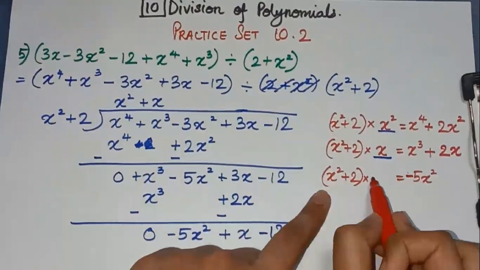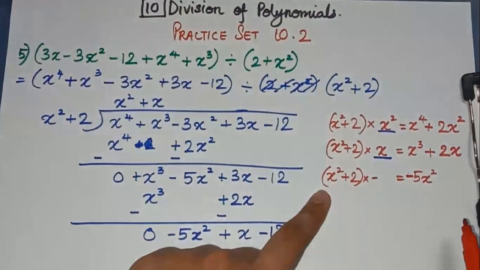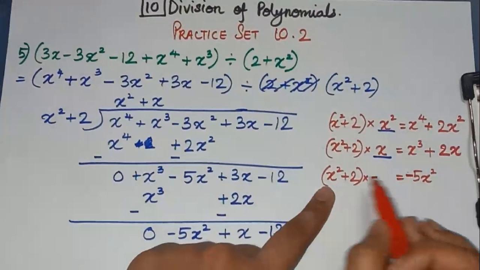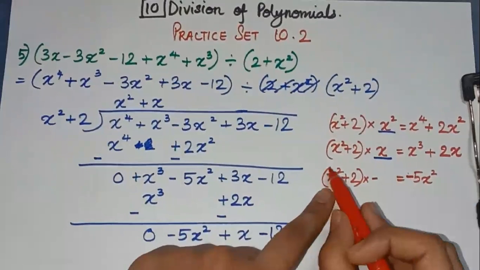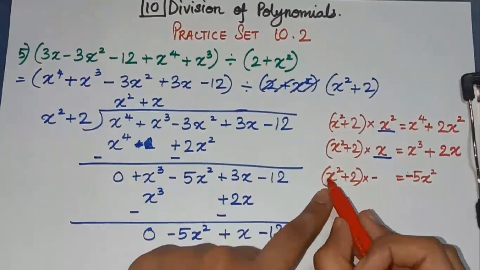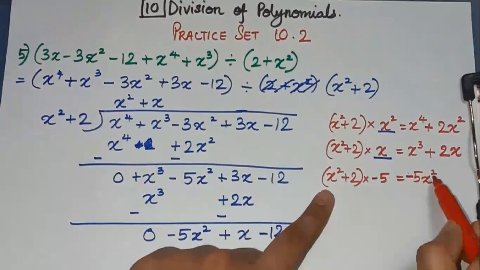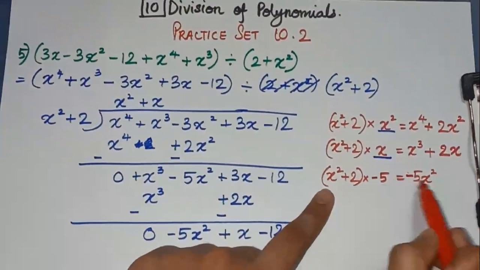So I will put a minus sign. Plus minus will give me minus, right? I have x square. Fine, we will not touch that variable. But I need a number. There is no number. That means there is 1 over here. So 1 multiplied by 5 will give me 5. Okay. So this becomes minus 5x square.